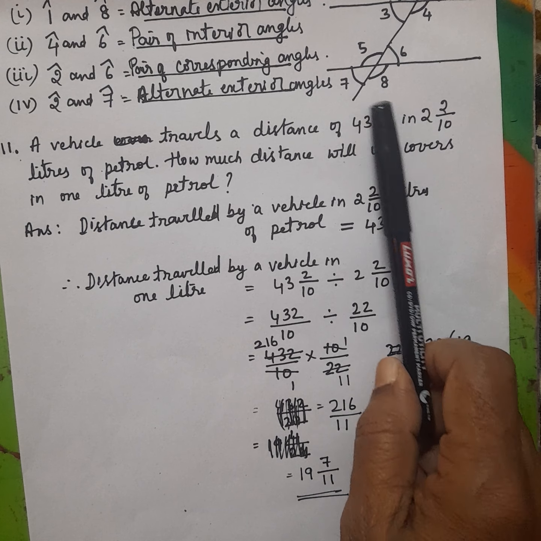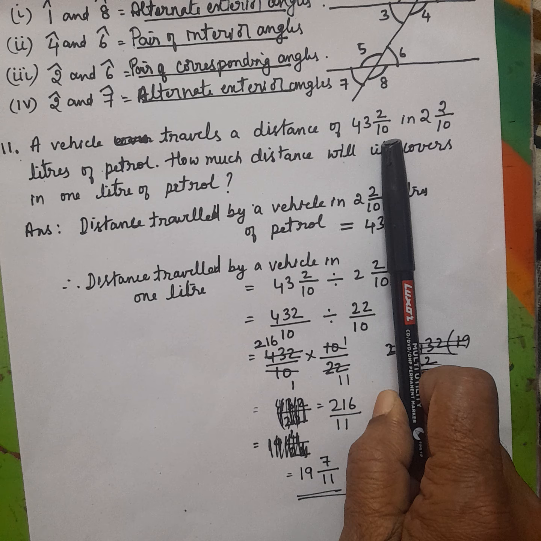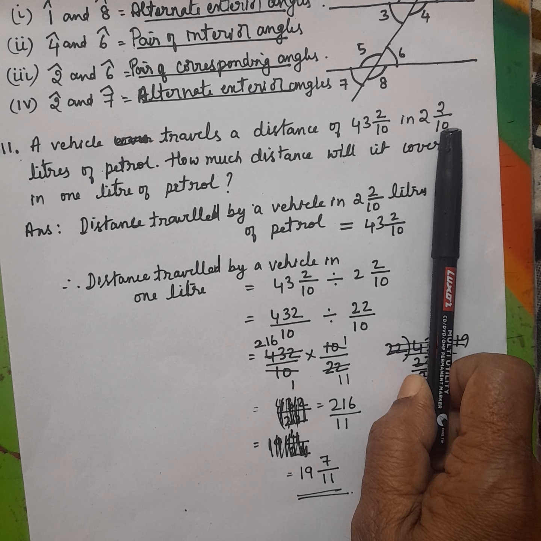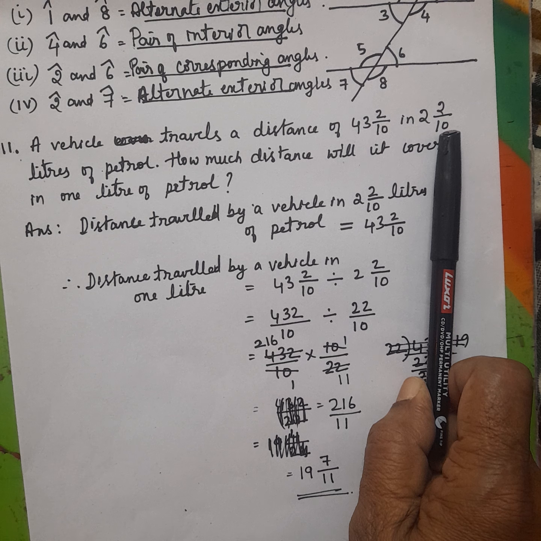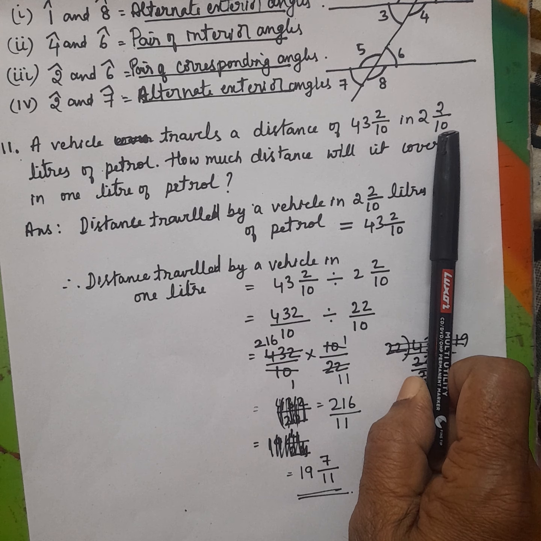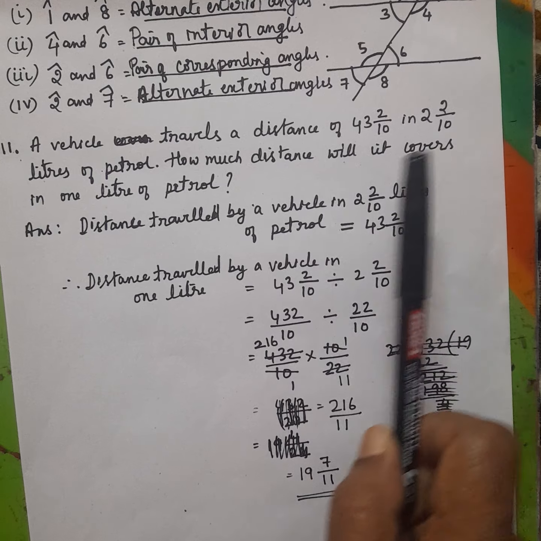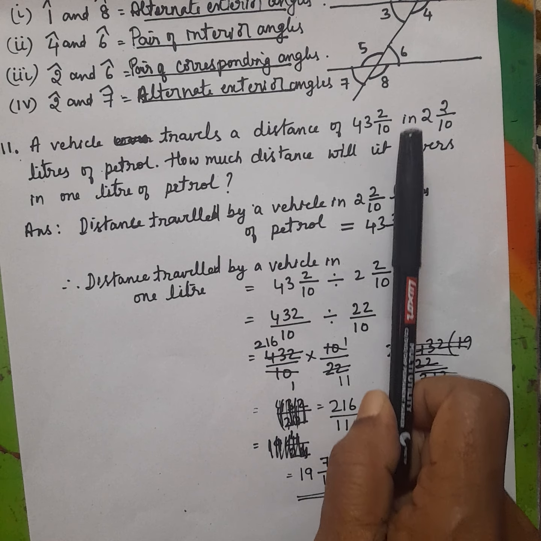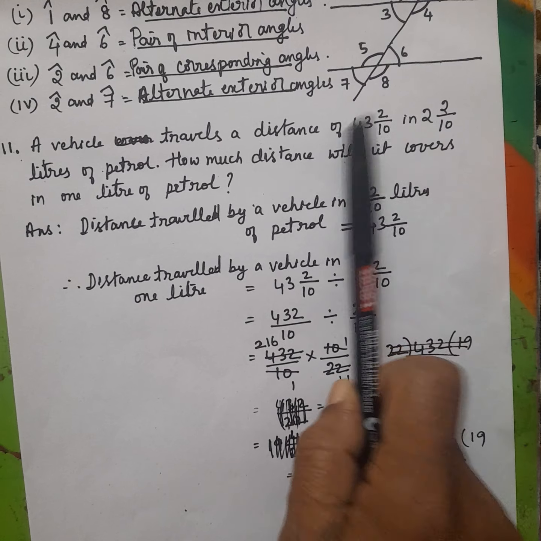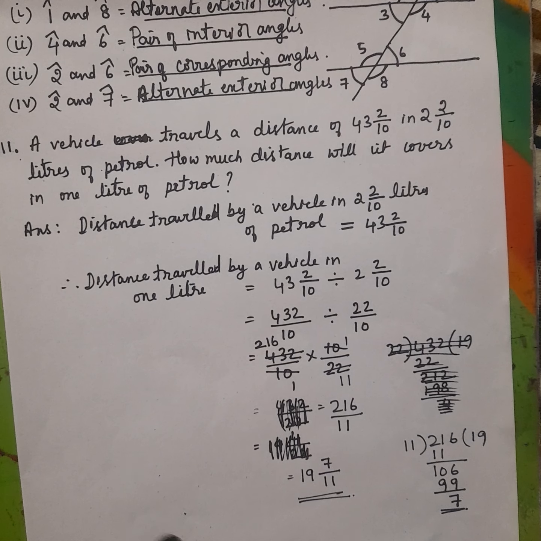These are not whole numbers, so it's a mixed fraction. But we should understand whichever the question is, we know how to solve it. That is, whether we have to divide this by this one or this by this one, or multiply this one. For that we should know the way to solve the problem.